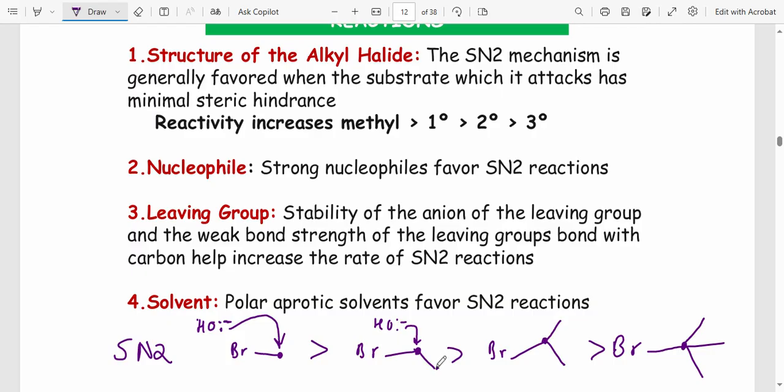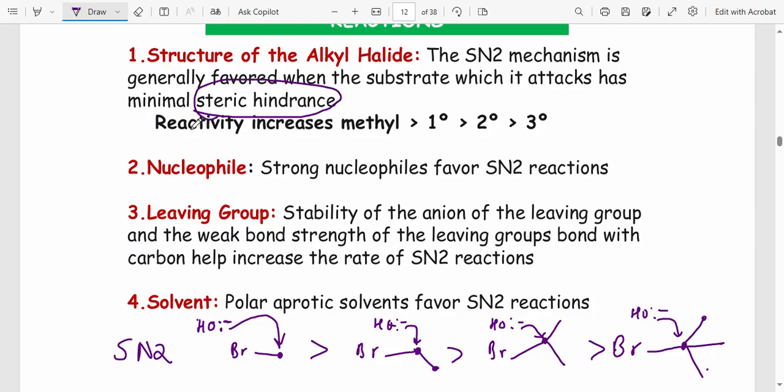Because this other carbon at this point has got some electrons that will be hindering the nucleophile from attacking this carbon. And it is even worse here because you have got a lot of other carbons that are obstructing the nucleophile from attacking. So we call that steric hindrance.